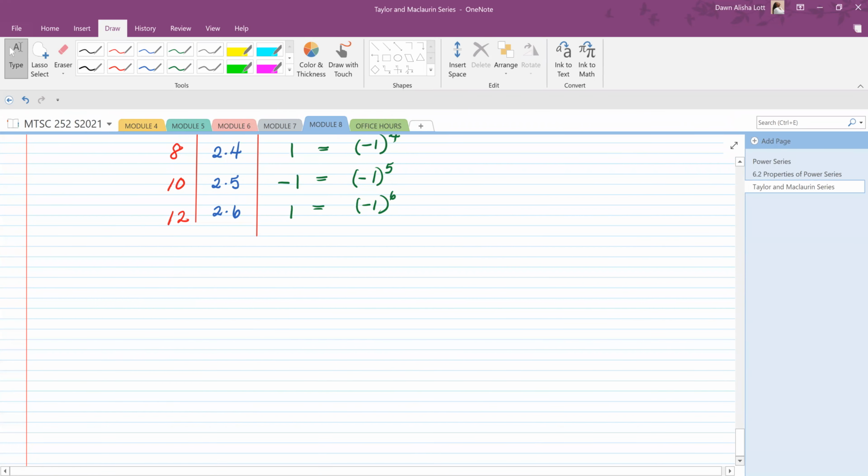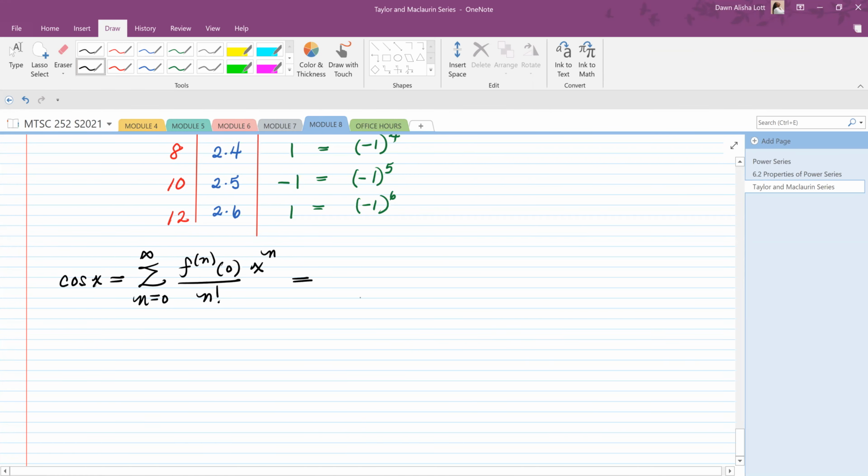So here's going to be my power series. The cosine of x is equal to the sum n equals 0 to infinity of the nth derivative at 0 times x to the n over n factorial. But now I want to get rid of all the odd ones.